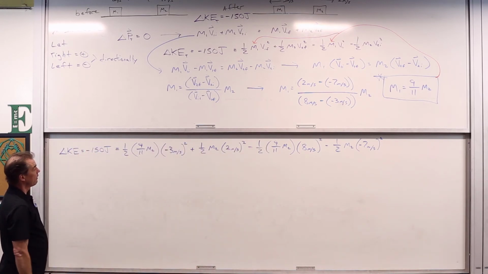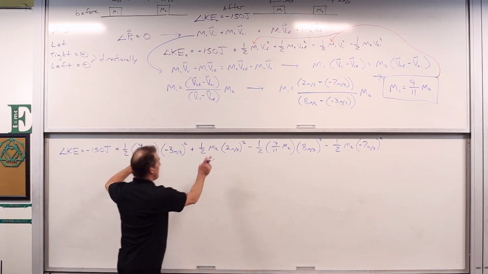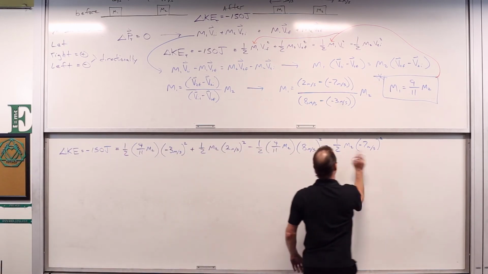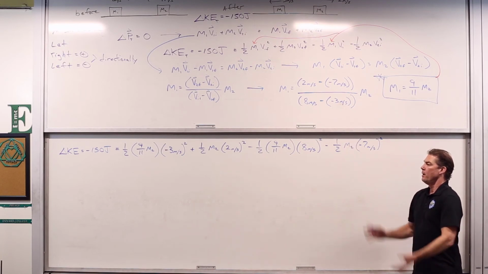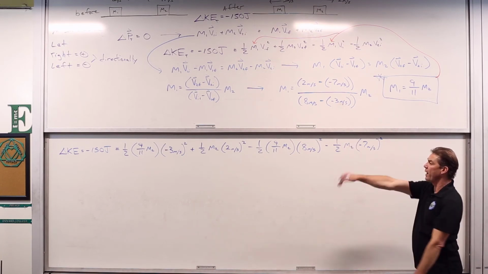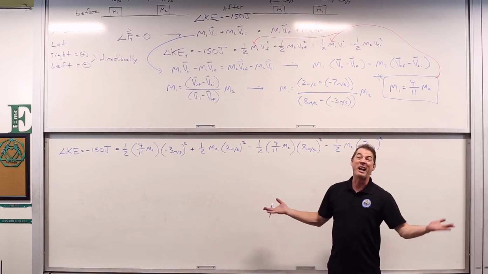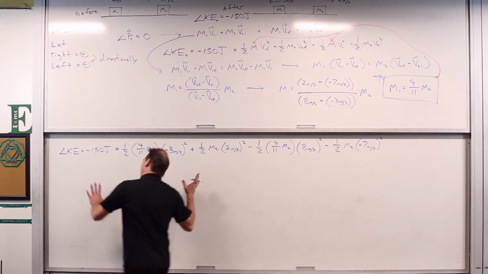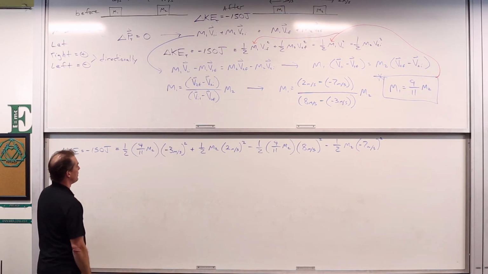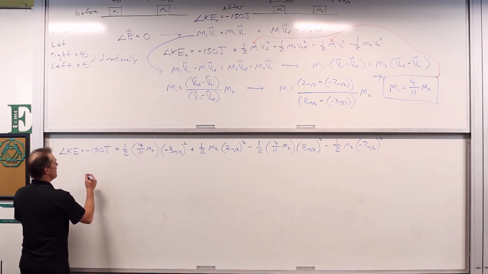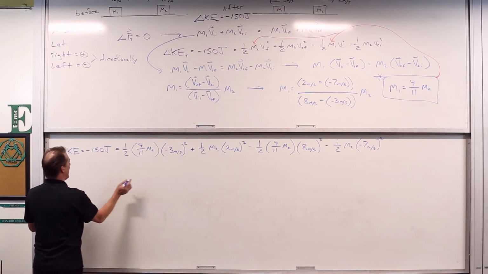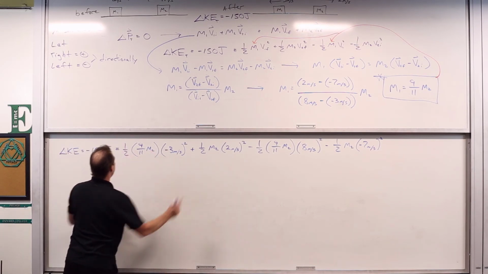Whew, that looks like a mess, but look at this. We got this common factor, m2, m2, m2, m2. Everything else is just numbers. What happens if we factor out that m2 and divide negative 150 by what's left over here? We're done. Basically done. So let's just go ahead and do this. We will write this out kind of nicely to begin with. So I'm going to go ahead and just start here.